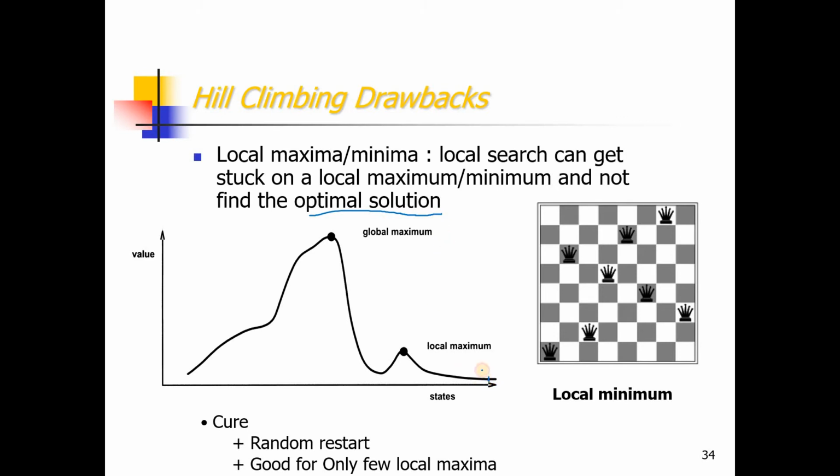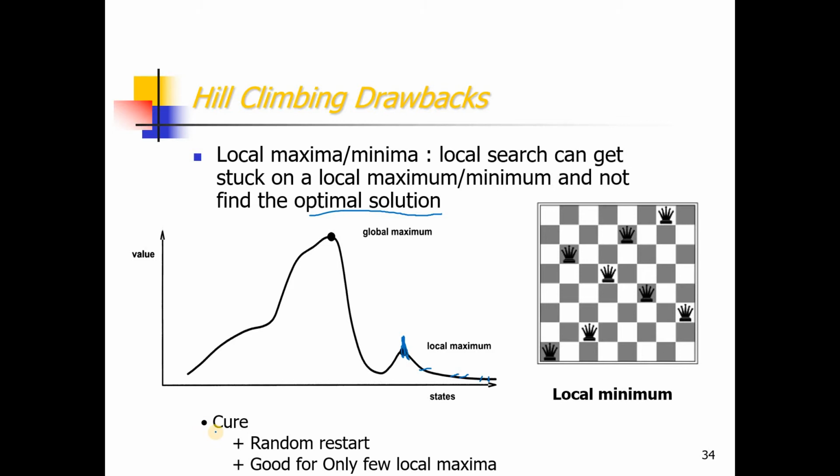So you start from here, you keep on improving, you are stuck over here at a local maximum. You can never reach the global maximum. And sometimes there is a huge difference between the global and local maximum. You cannot improve because of this approach, which is not so good. We will see some other approaches that are better than this.